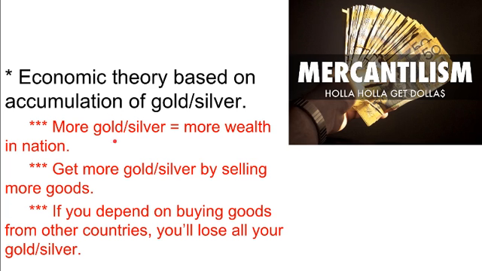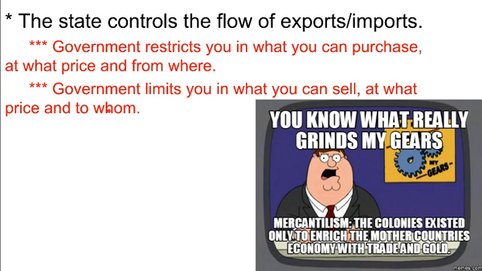Because if you have to buy all your shipbuilding materials from another country, then you're going to be giving them your gold and silver, and you're going to lose power while they gain it. So it is a competitive economic theory, right? Every country is out on its own. Every state has to attempt to increase the wealth as much as possible.